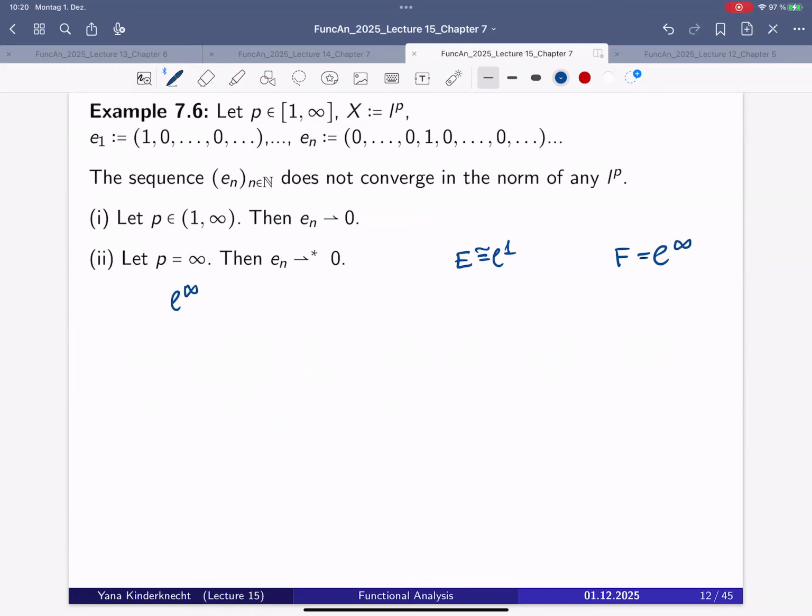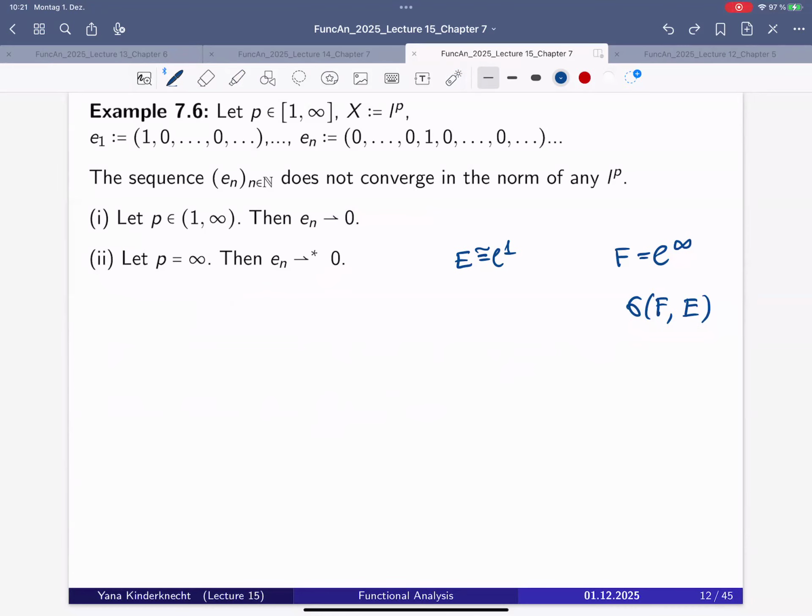And we are interested in convergence in this topology, the weak star topology. Let me check that it is so. Again, what does it mean that we have weak star topology convergence?